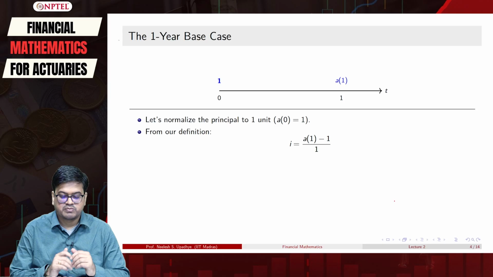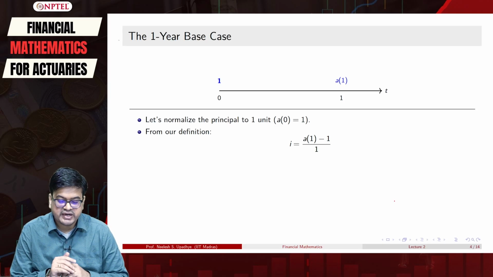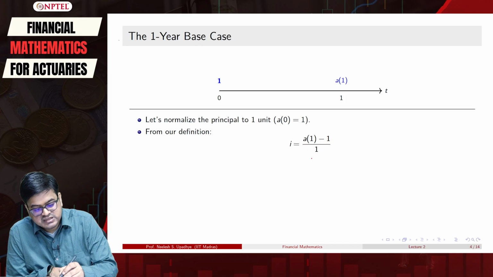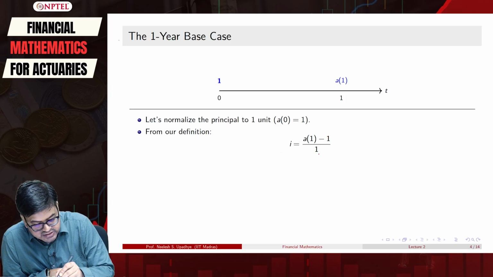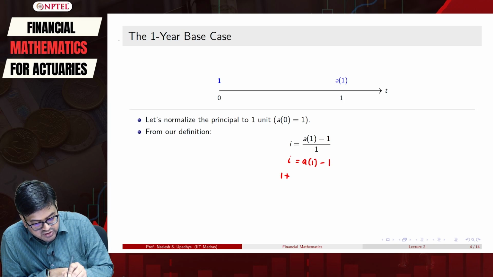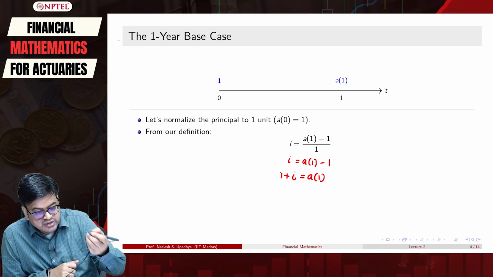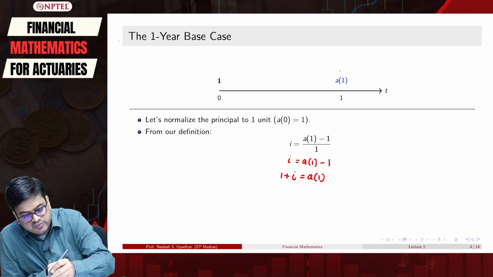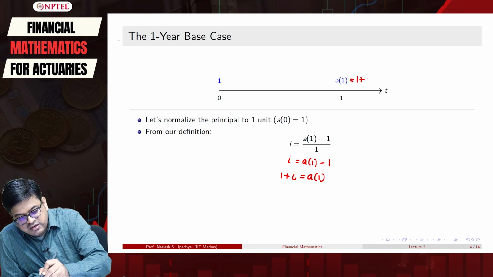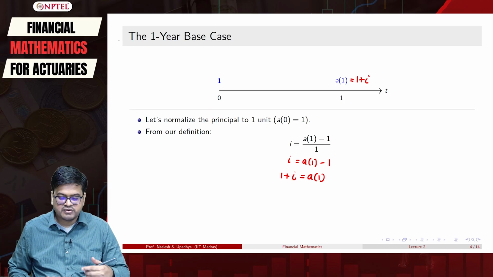So my i will be A1 minus A0, which is 1, divided by A0, which is again 1. Because this is 1, your i is essentially A1 minus 1, and therefore 1 plus i will be A1. Effectively, if I start with 1, my A1 is nothing but 1 plus i. This is the underlying principle that will operate.